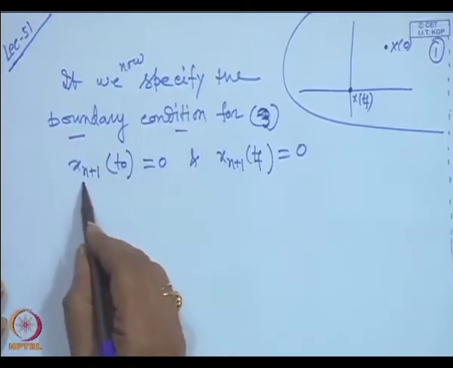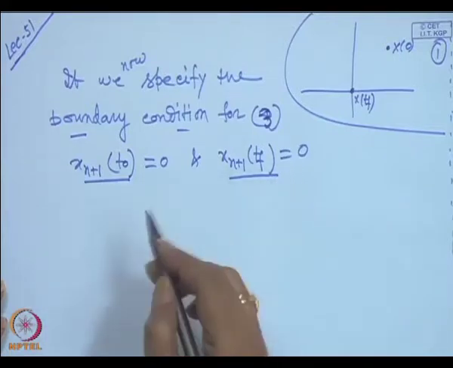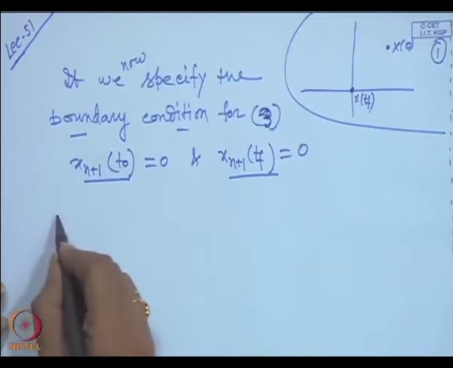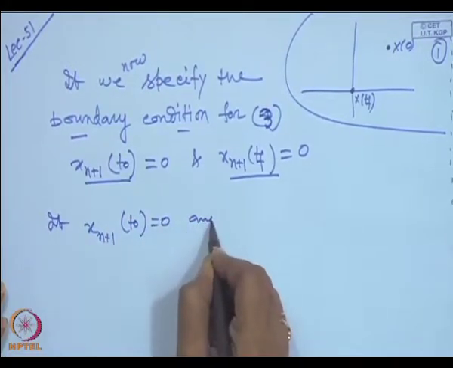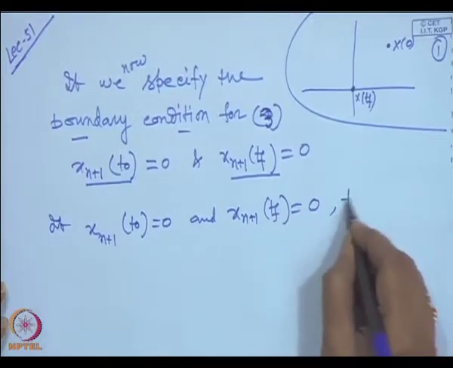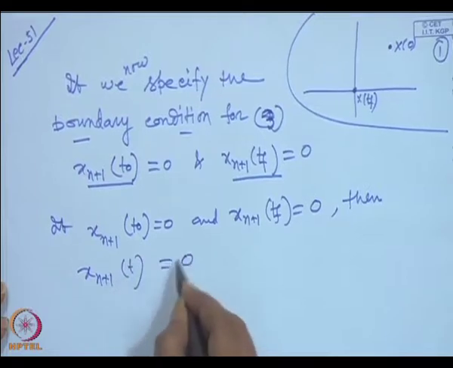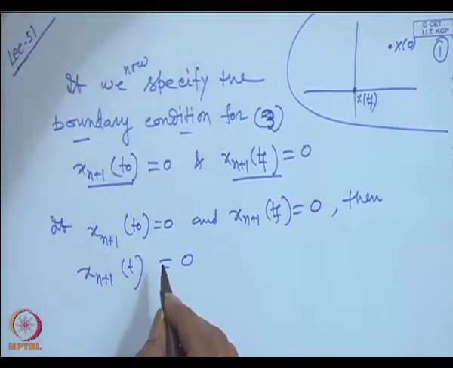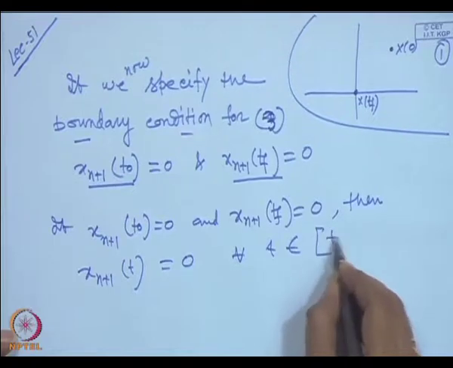So if x n plus 1 of t 0 is equal to 0 and x n plus 1 of t f is equal to 0, then we can write x n plus 1 of t is equal to 0 for all t belonging to t 0 to t f.